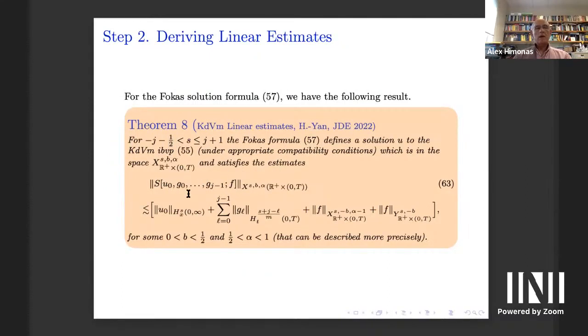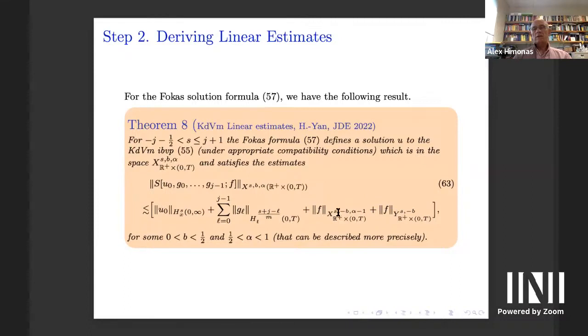Again, the UTM solution formula with one initial datum and J boundary data, in the restricted modified Bourgain norm, is bounded by the natural norms of the initial and boundary data, and the 2 Bourgain norms.